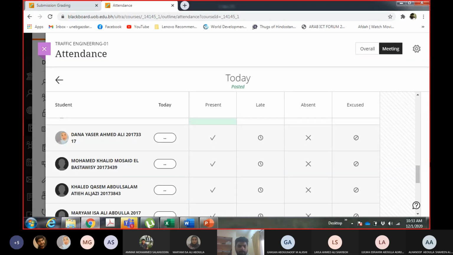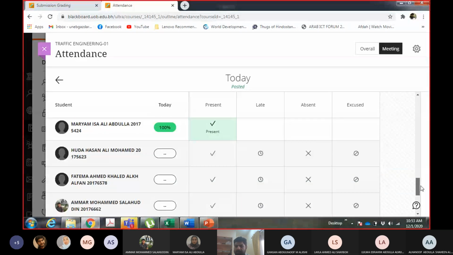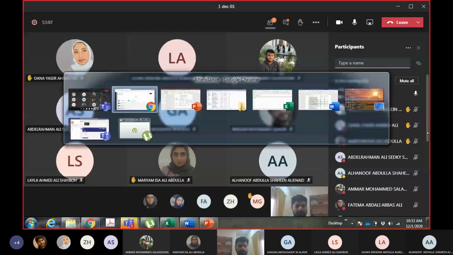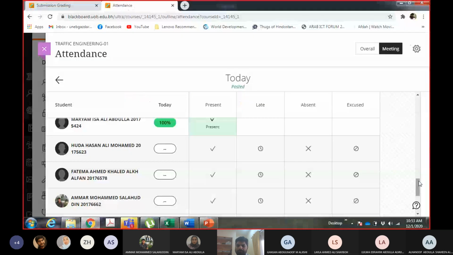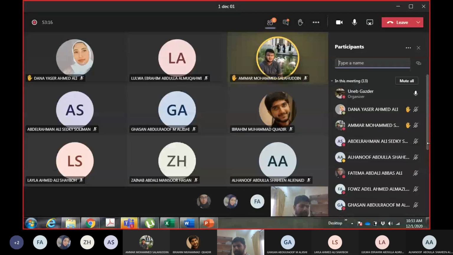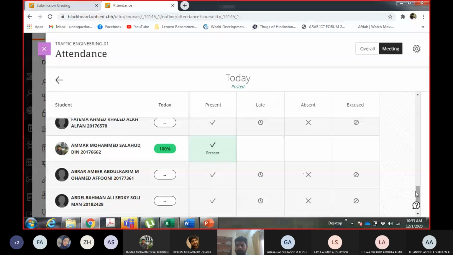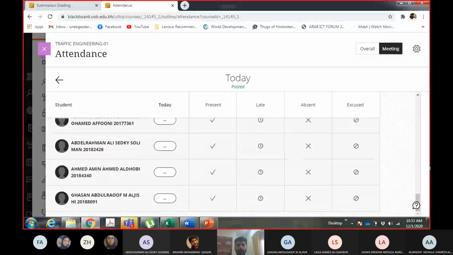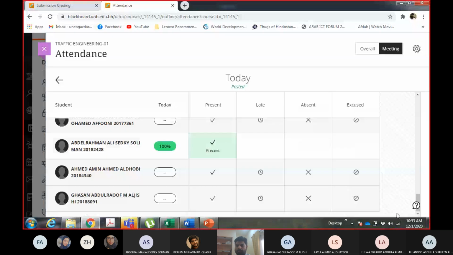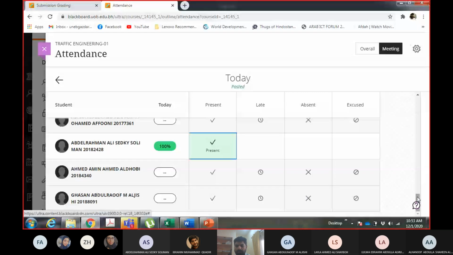Maryam is here. Huda Hassan, Fatma Ahmad. Ammar Muhammad, Abrar Amir, Abdurrahman Ali Sadki. Ammar is here. Abdurrahman Ali Sadki is here. Ahmad Amin and Ghassan Abdurrauf. Ghassan is here.